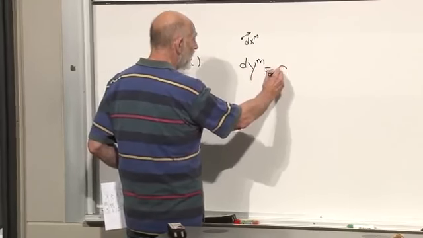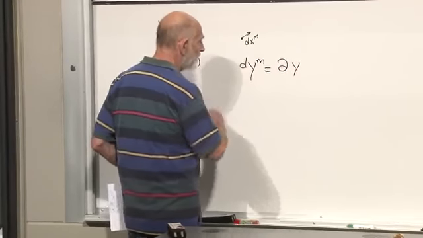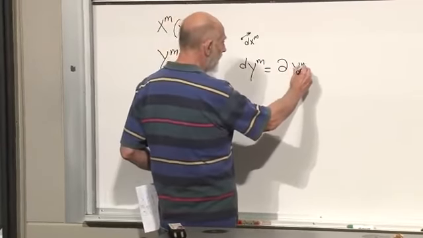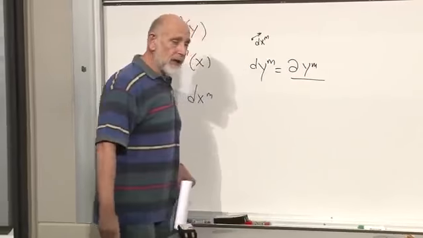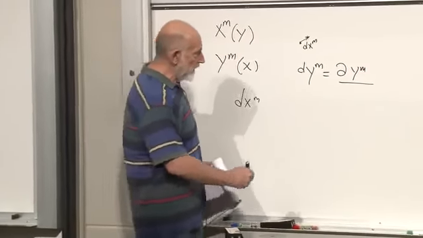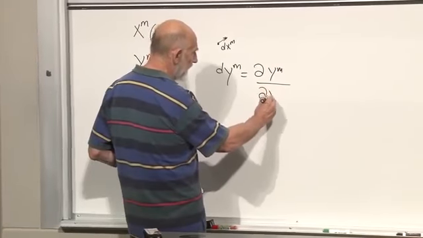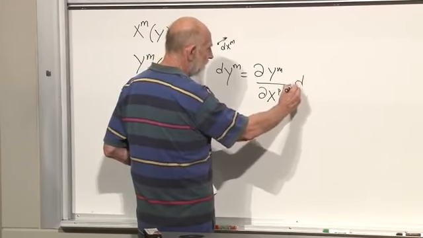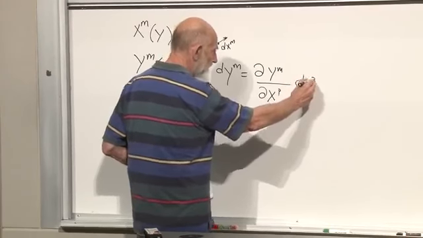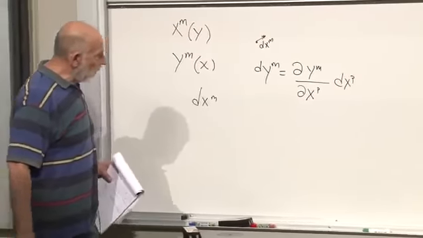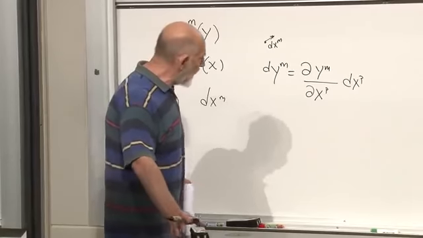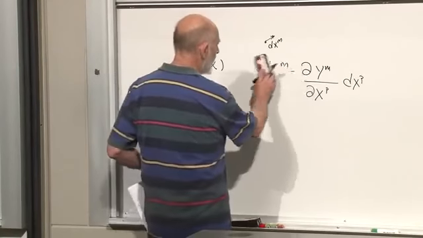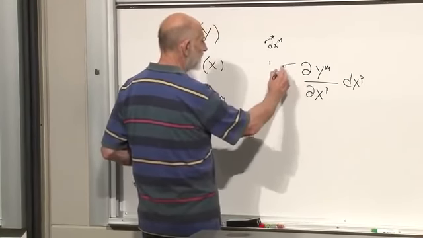is equal to the change in y^m when you change any one of the x coordinates by a little bit, that is, the partial derivative of y^m with respect to x^p, times dx^p. Now what does this mean? First of all, this formula is summed over p.